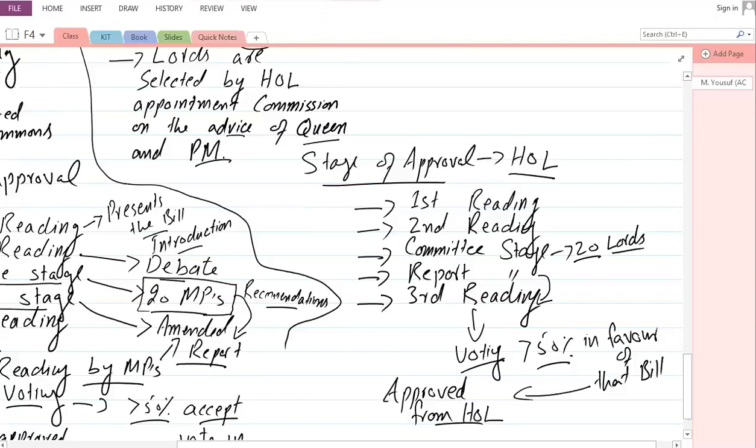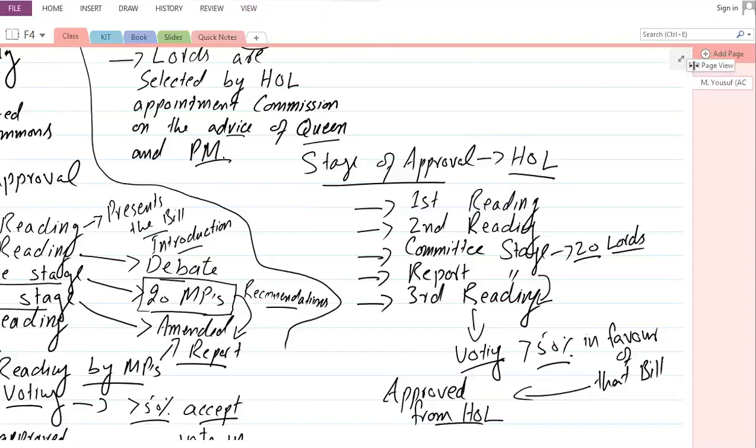Is it clear? So the stages are the same. The difference is that now these are lords of the House of Lords. So the same stages will be followed. After that, we can say that the House of Lords has approved that bill.